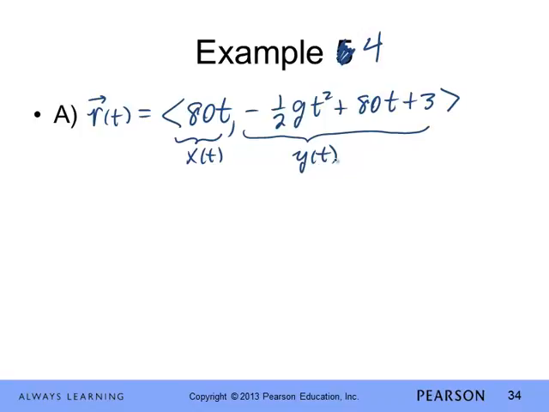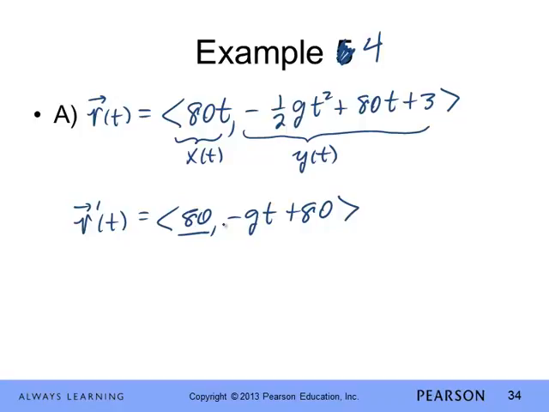Now, if you want to know the velocity of this baseball, all you need to do is compute the first derivative. So you have 80, comma, and then negative g t plus 80. There's the velocity of the baseball as a function of time. Notice that the horizontal speed is constant.